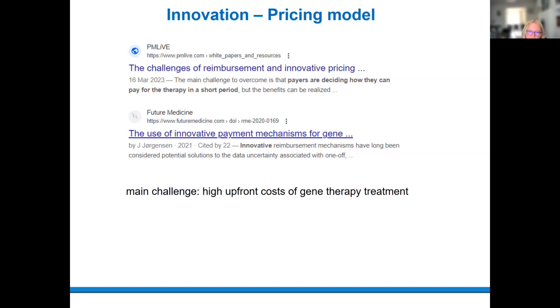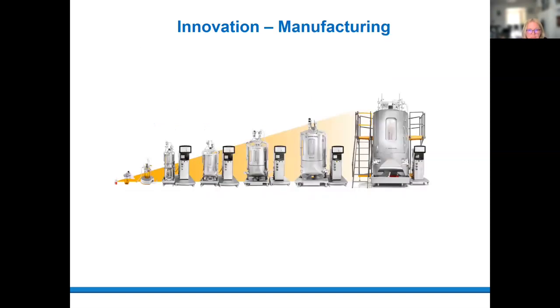And there's a lot of debate and discussion on how we can manage the payment mechanisms to make treatments that are initially very expensive, but in the long term, over the lifetime of a patient, save money to the healthcare providers, how this can be adopted and managed.